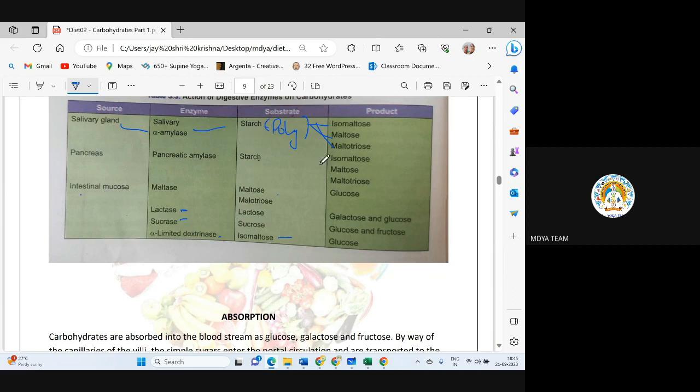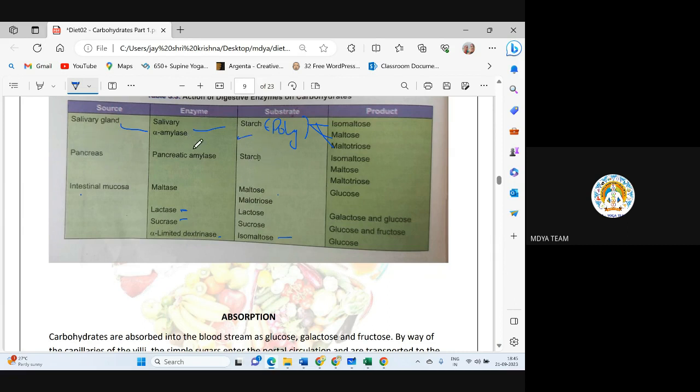When food goes into stomach, because of HCl, this saliva stops its function, because saliva is basic in nature. HCl, having acidic nature, neutralizes the saliva, and so saliva after entering stomach can't act on starch.